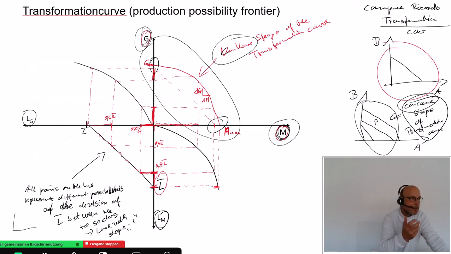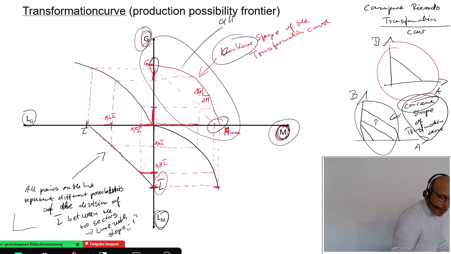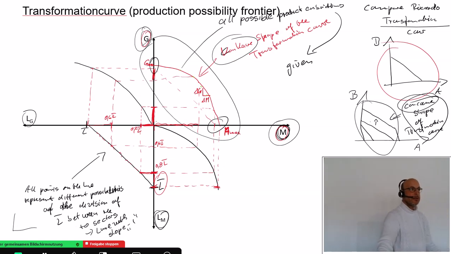Well, what is the same which we have here? All possible product combinations, given what is constant behind in our production process?